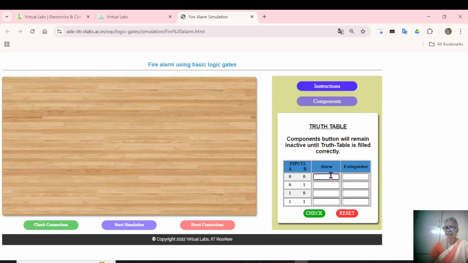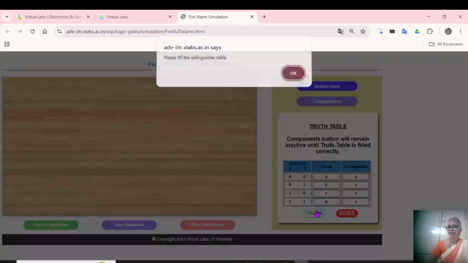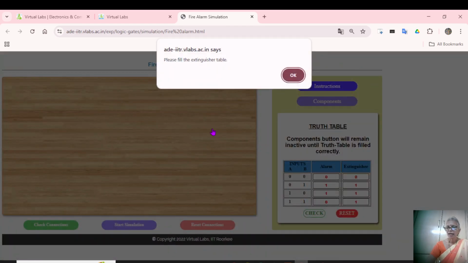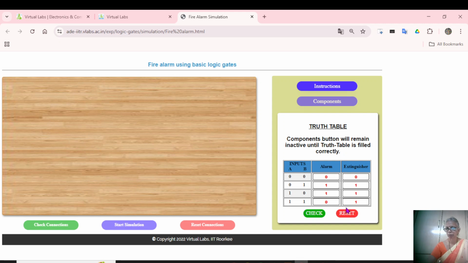Suppose you fill up this data in a random way without even thinking whether it is correct or not. Let me just put in a random one. Without knowing, suppose you do this, it will tell you that there is some problem, you fill it up properly.